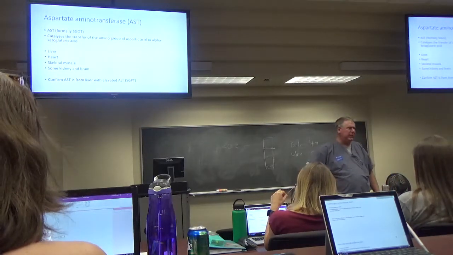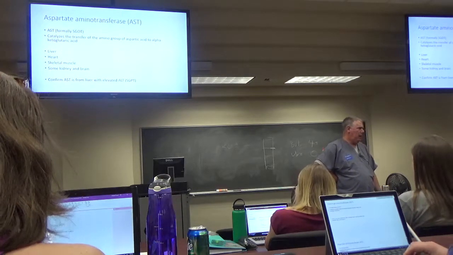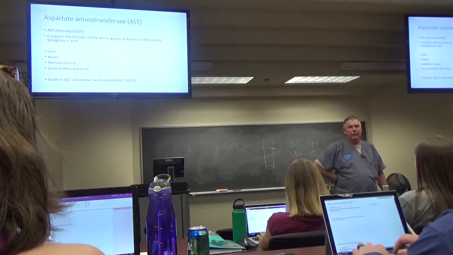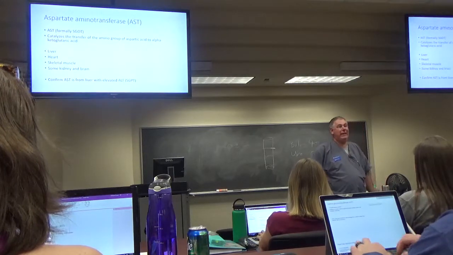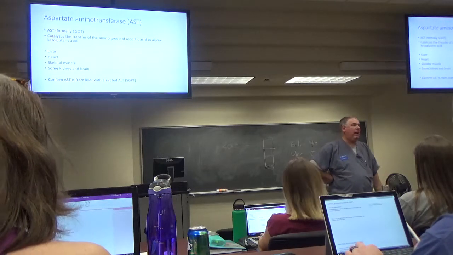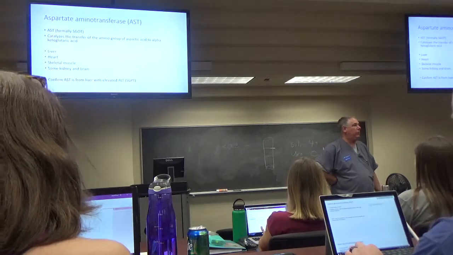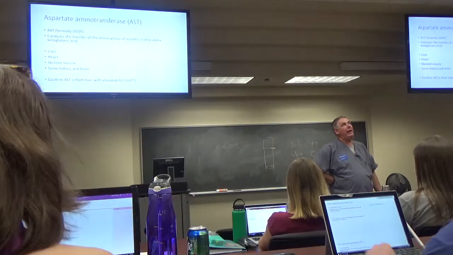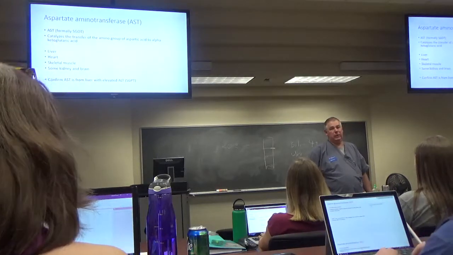Two primary enzymes for liver assessment. I'm not going to say function, liver assessment. One of them is AST. It used to be called the SGOT. We still say that, but I haven't seen that term in 20 years. So AST. The other one is ALT, alanine aminotransferase.